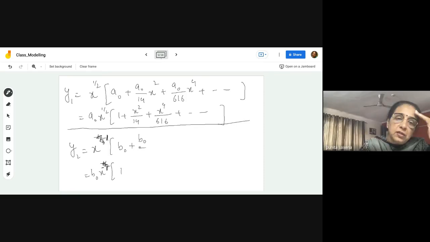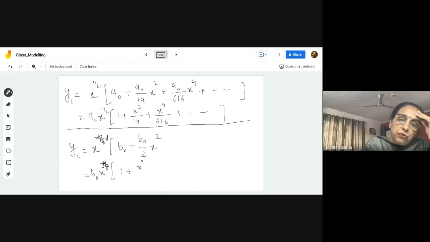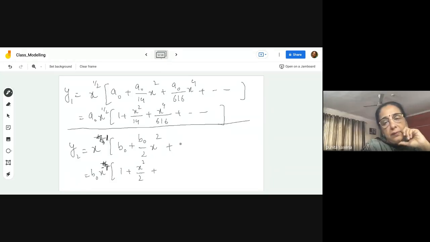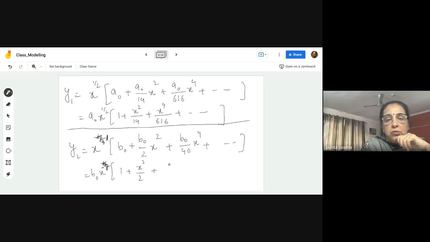B0 by 2 x square, right? Yes, ma'am. And what is B4? All the signs will be plus. B0 by 40 x to the power 4. Yeah, that's perfect, and so on and so forth. So this means plus x to the power 4 by 40 and so on and so forth.